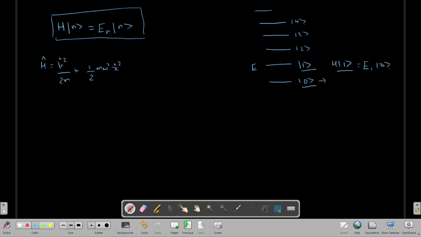Okay, so this is your Hamiltonian, and you can also write this as, if I take h cut omega common, then here I will get p square upon 2m h cut omega plus m omega by 2 h cross into x square. Okay, so these are the important things.